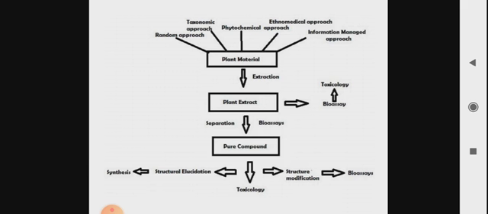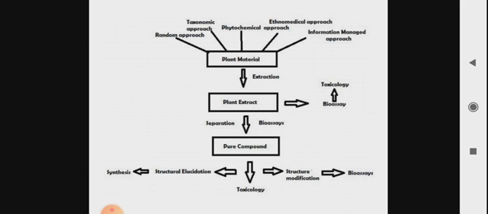On the basis of that, we can go for their study. Then the information management approach: the information collected from different sources and the database prepared, and on the basis of that, we can go for their study. So plant material is selected on the basis of these different approaches.